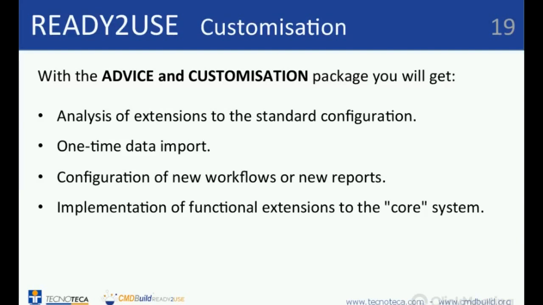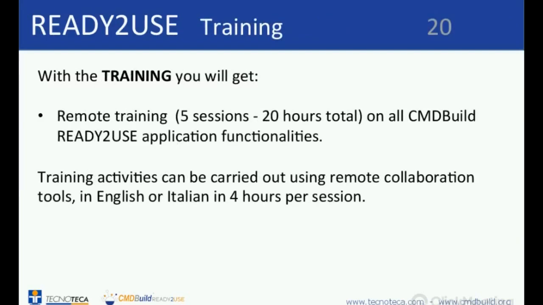So you get the subscription, then you can start just with that, or you can get the startup package. And if you really want to tune up and get the best out of Ready2Use, then probably the advice and customization package is something you would like to get also.